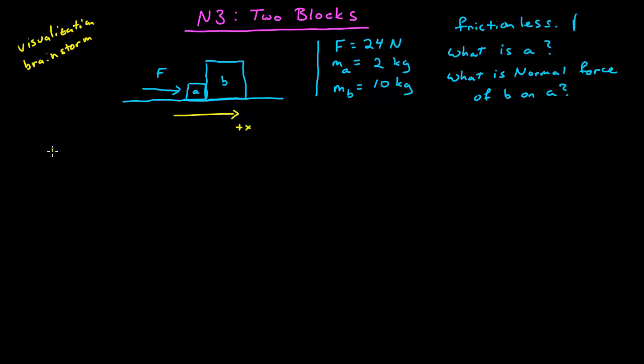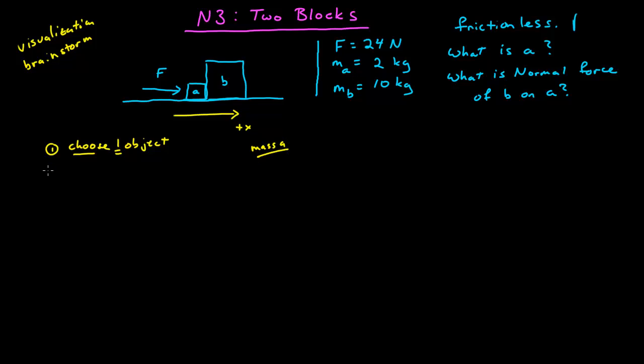The first thing that we want to do is choose one object. I'm not exactly sure how to solve this problem, but I think forces are the relevant physics that's involved. And so I want to use what I've known with Newton's second law to try to solve this problem. To utilize Newton's second law, I know that the first thing I have to do is choose one object. So let's choose mass A.